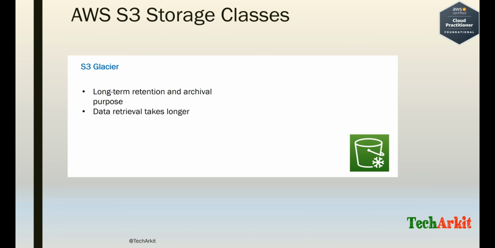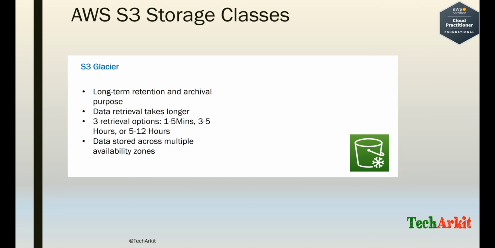Data retrieval takes longer because it is not standard storage where they store the data. It might be on tapes or something else, right? So they store it and keep it away. For retrieval options, there would be 1 to 5 minutes access, 3 to 5 hours access, and 5 to 12 hours access.